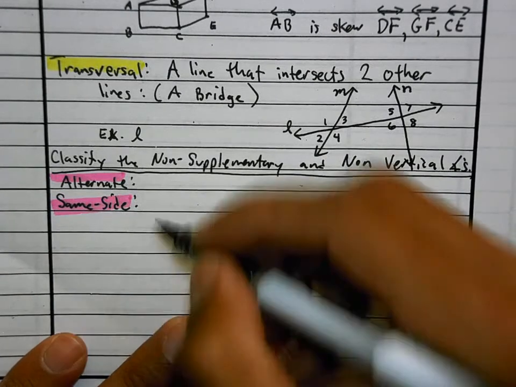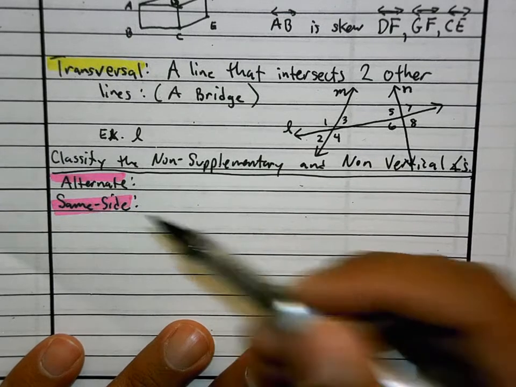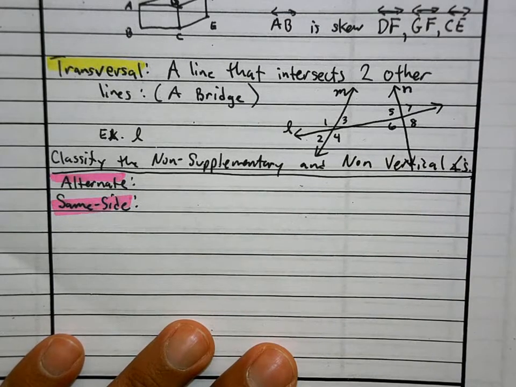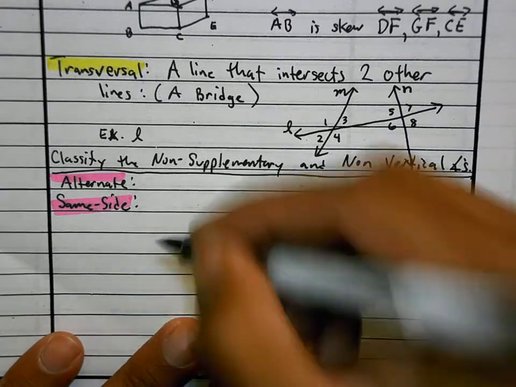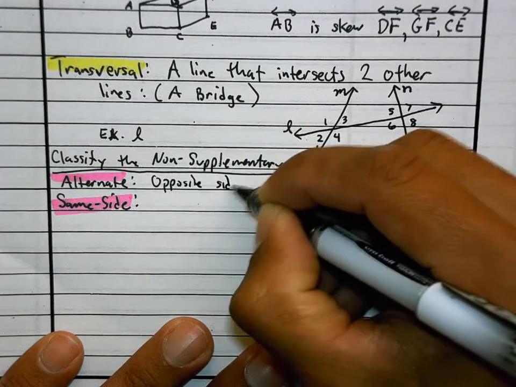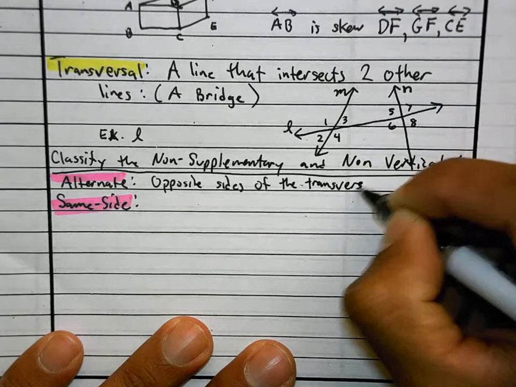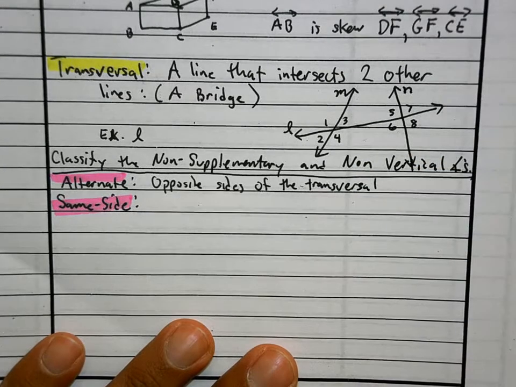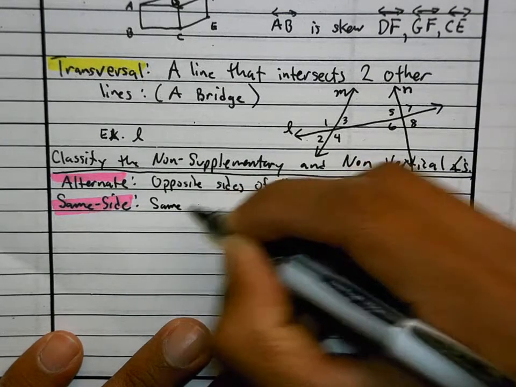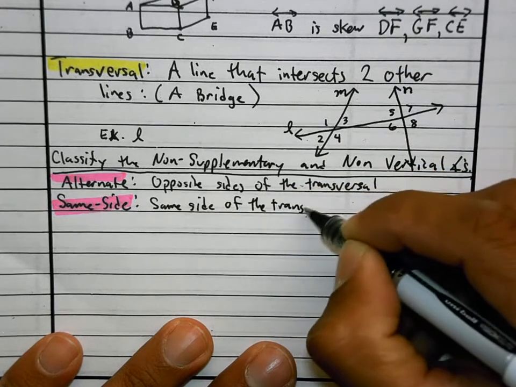Alternate is pronounced in two different ways; you can say alternate or alternate, it's acceptable both ways. Alternate means opposite sides of the transversal. Same side means same side of the transversal.